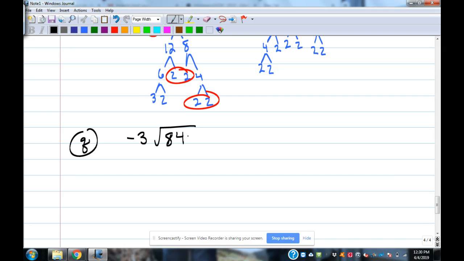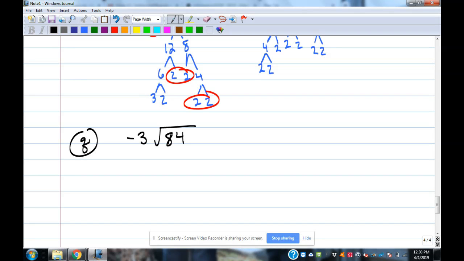That one does some good stuff. They may have done 84 already. We did 384. I can't remember if we did 84. Okay, so now the 3's on the outside. So is it inside the square root? No. So we don't do anything with it right now. It's just hanging out, watching what's happening.